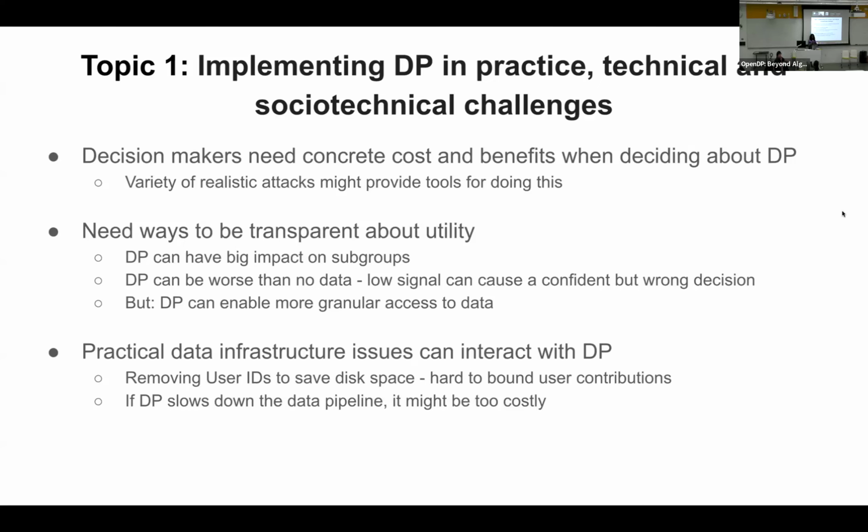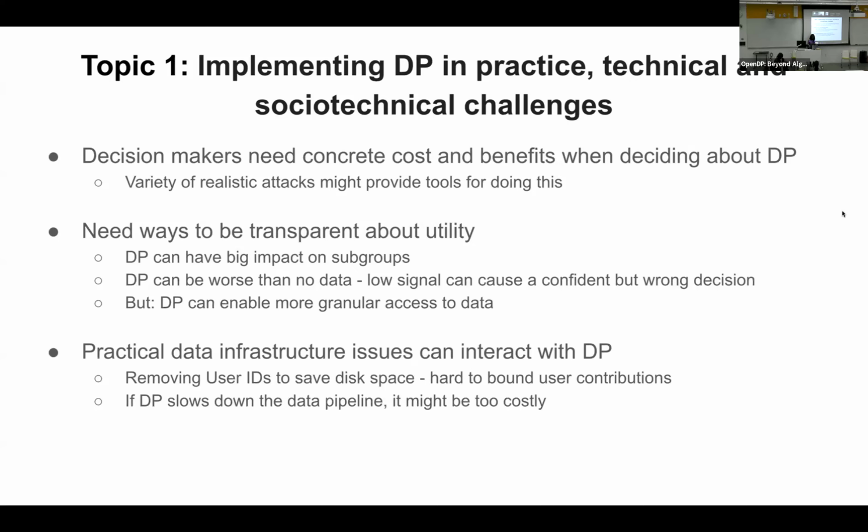And then we also talked about different ways about utility and being transparent about utility and trust. And we said DP can impact different subgroups, especially minority groups. So the way you collect your data matters, and DP can be worse when you don't have much data.